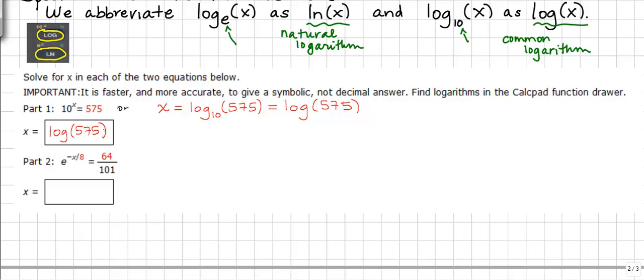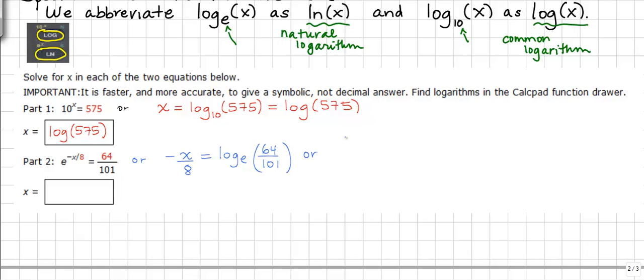Okay. And part 2, the equation is e to the power negative x over 8 equals the value 64 over 101. And personally, I don't want to try to guess what power of e would produce 64 over 101. So let's use our definition, which is the exponent is log base e of 64 divided by 101.